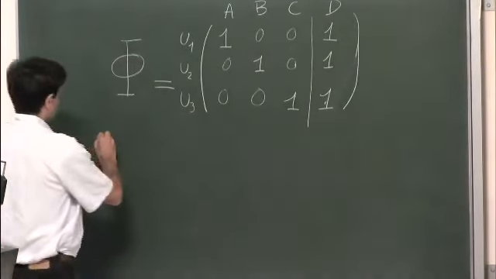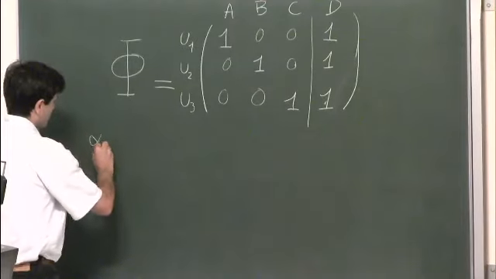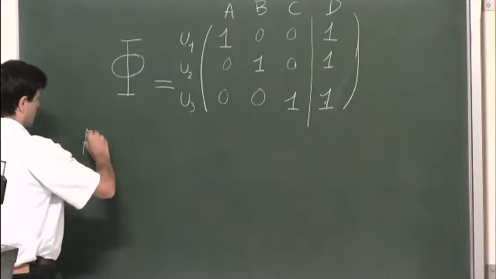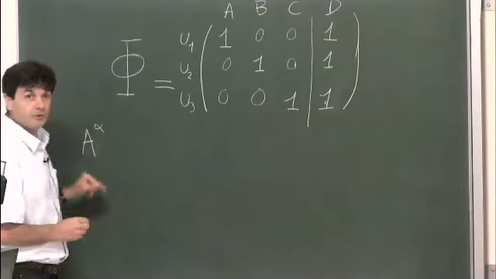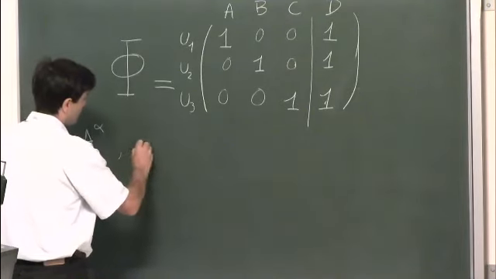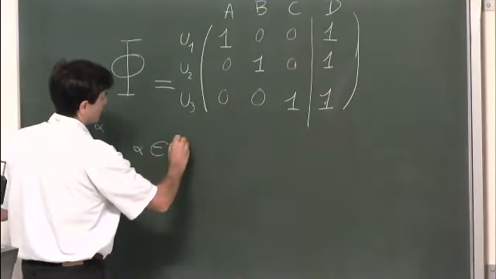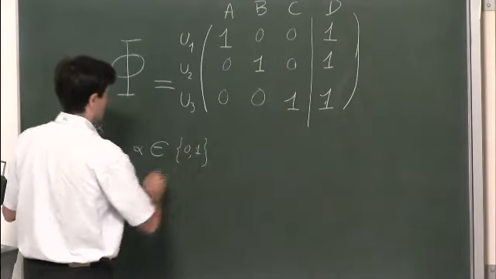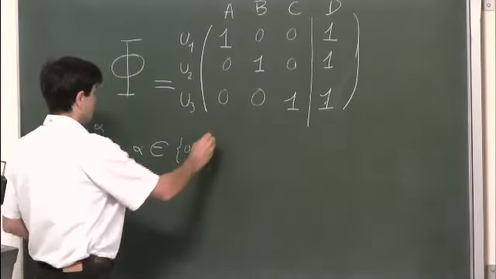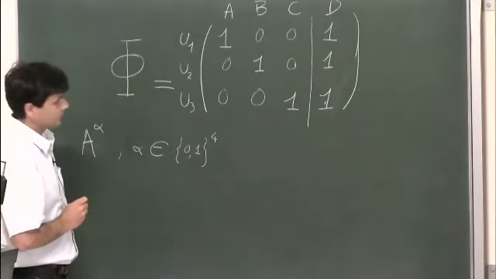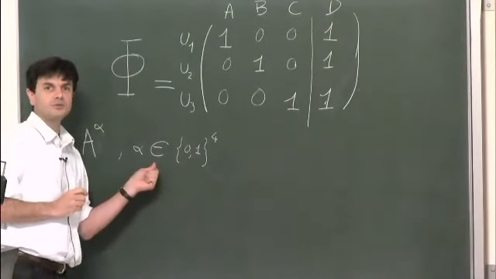So I will denote a factorial effect by a to the power alpha, with alpha belonging to the integers modulo 2 to the power 4, because I have 4 factors. Can you read, or is it too small?